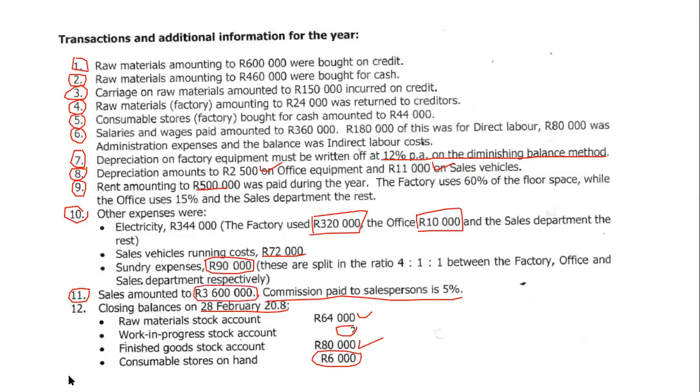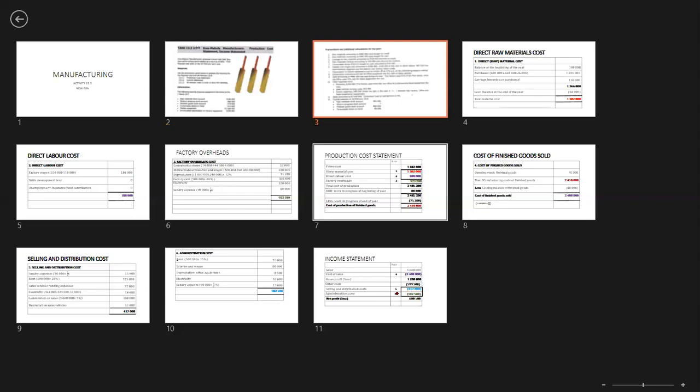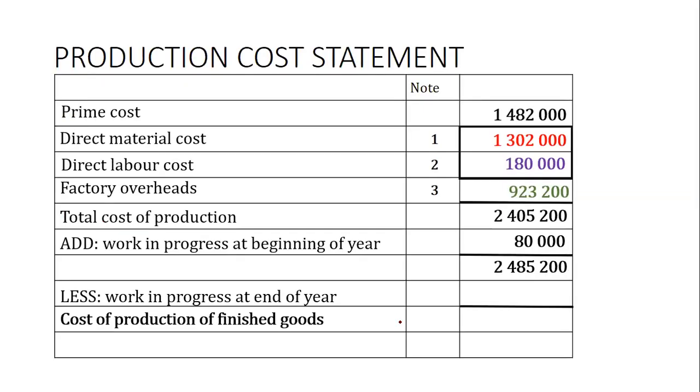When you go to your production cost statement, you are missing two things. You are missing work in progress at the end of the year. You're also missing cost of production. Do you get it? There's nothing you can do to get work in progress at the end of the year. But this one here, you can simply go to another node, called the cost of sales node.